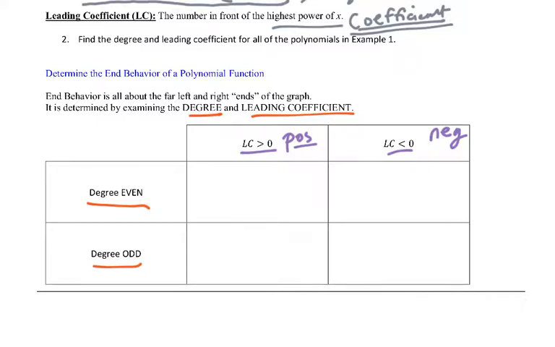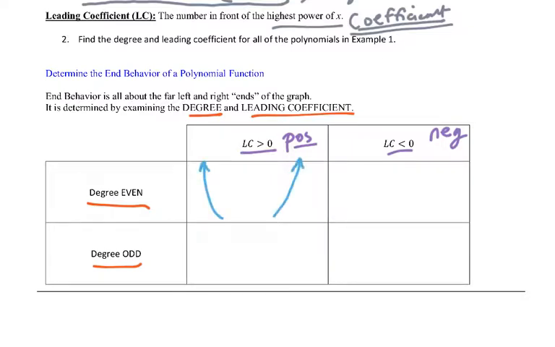Okay, so even degreed polynomials look like parabolas. As you get increasing powers of 2, so 2, 4, 6, 8, they get these little wavy parts to them, but they generally have the same kind of shape as a parabola, like this.